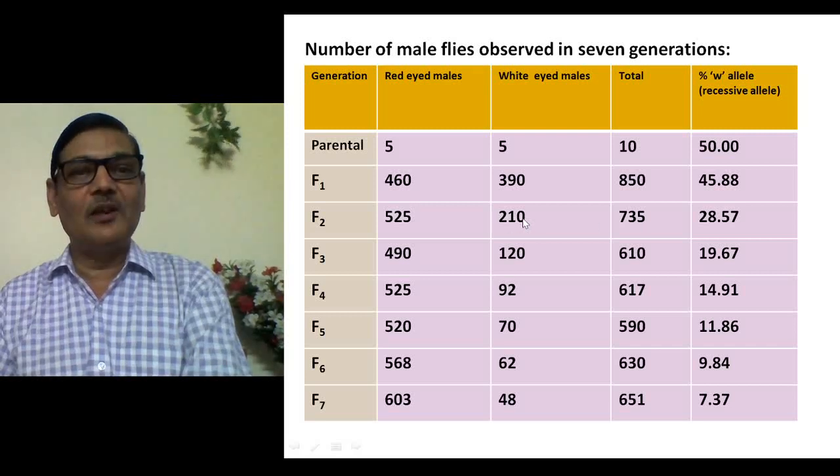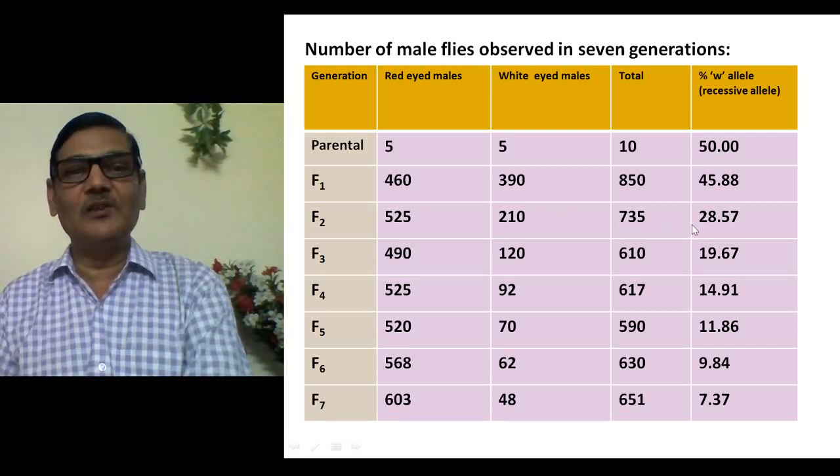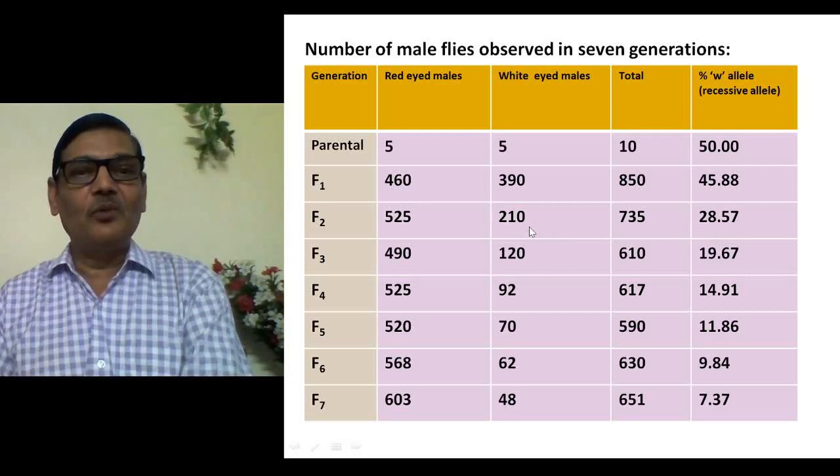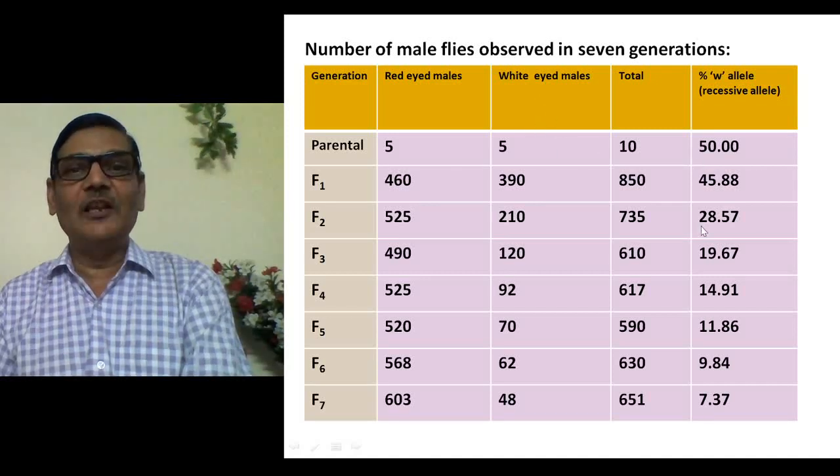In F2 again you count the numbers, 525 plus 210, it comes to 735. So 210 divided by 735, and when you multiply it by 100 to get the percentage, it comes to 28.57. This way you can calculate the percentage of the white-eye allele in the population. In the parental case it was 50%, in the next generation it became 45.88, in F2 it became 28.57, then 19.67, then 14%.